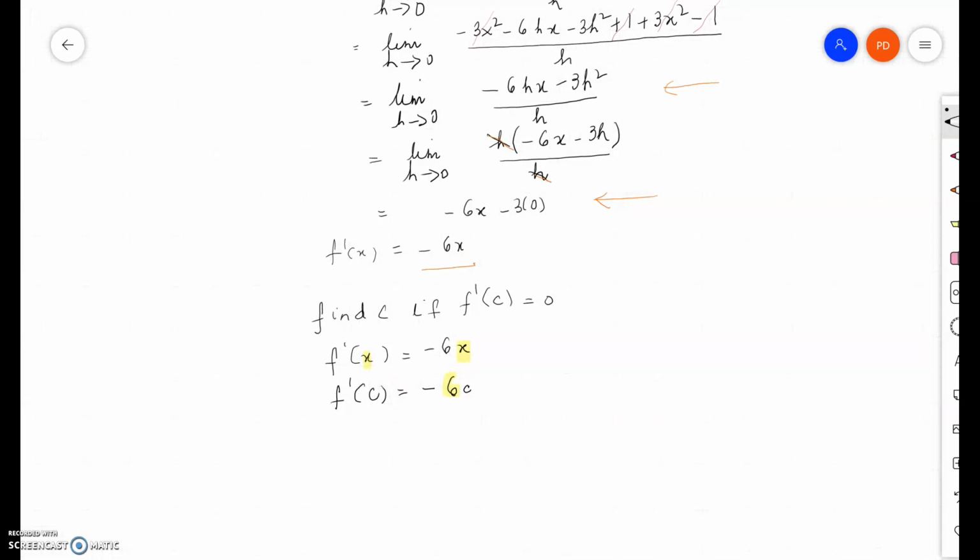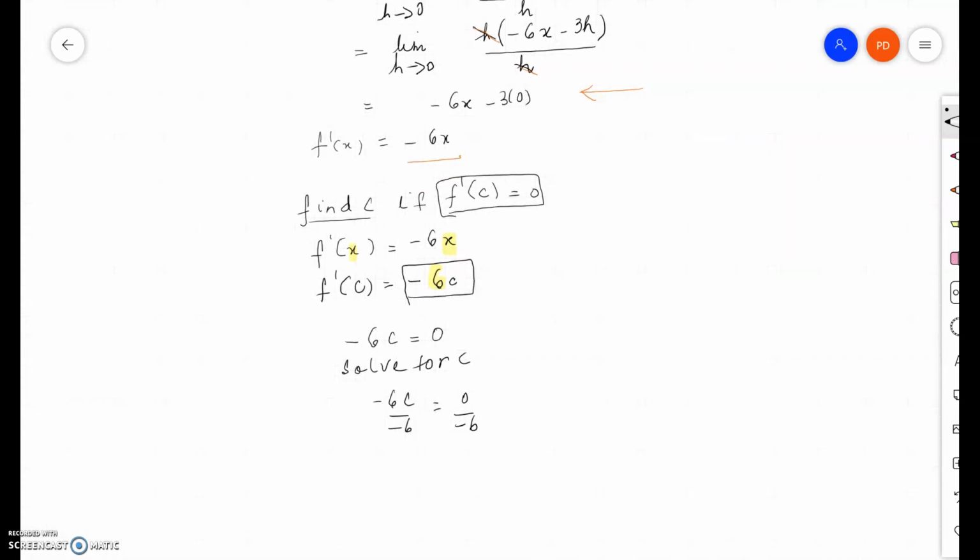So we need to find c if f prime of c equals 0. Set it equal to 0, and our next step is to solve for c. We divide both sides by negative 6, and c is equal to 0.